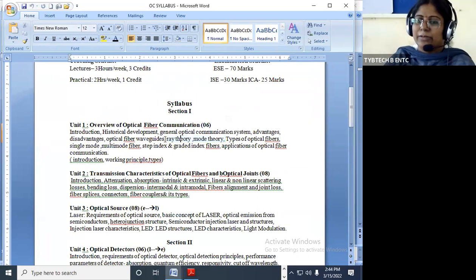Right now we are considering the ray theory of light first, because when comparing these two approaches, mostly everywhere the ray theory of light is used to transmit the information through the optical fiber.